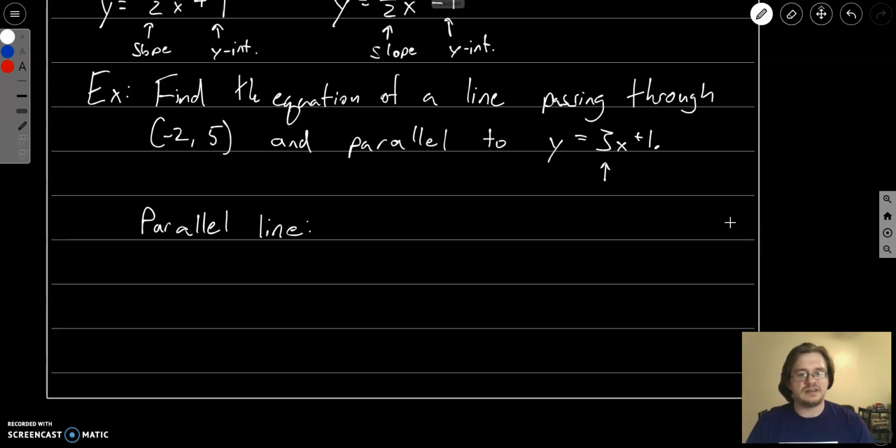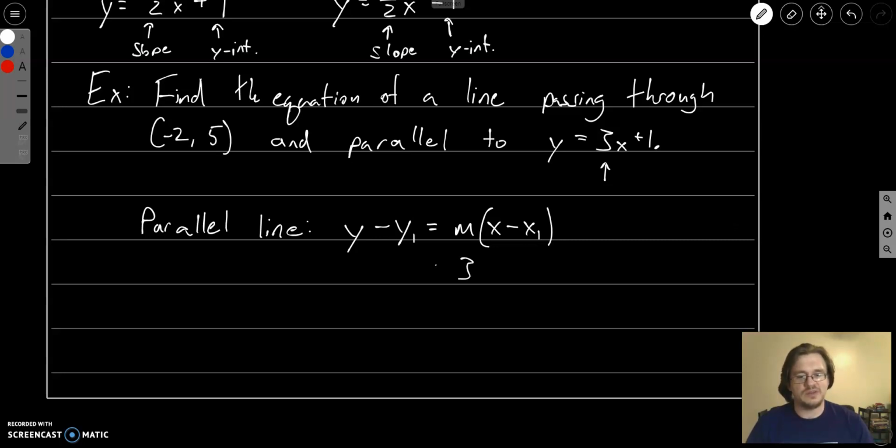if I write this in point-slope form, let me just write the equation: y minus y1 is equal to m times x minus x1, where x1, y1 is the point that we're passing through, and m is the slope. Well, we have all this information.